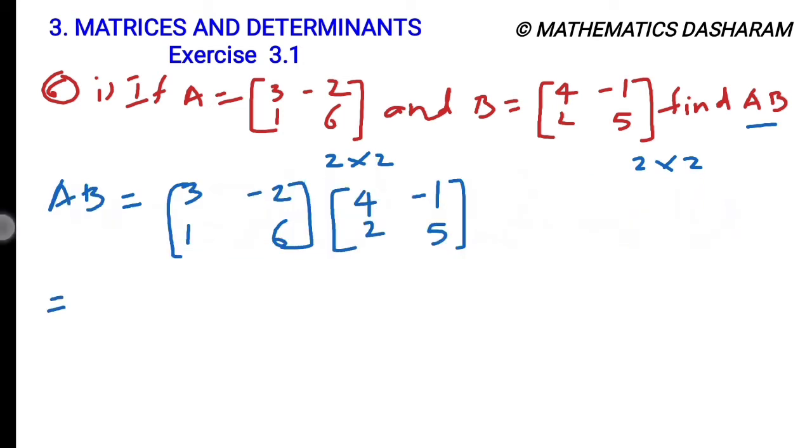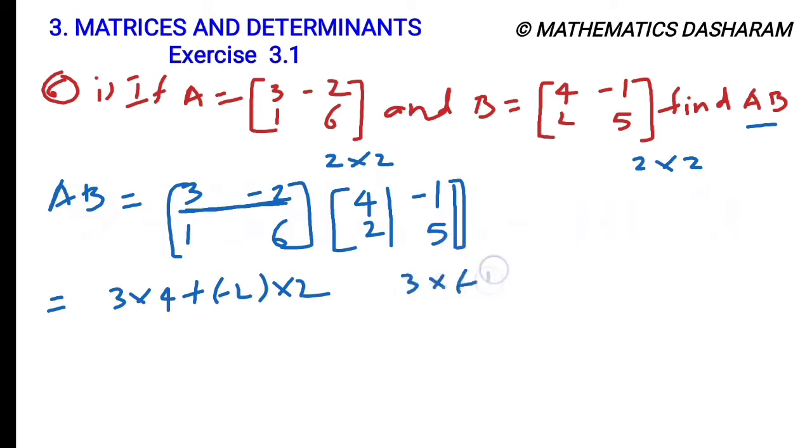Let's see. Here the first row multiplies with the first column in the second matrix. So 3 into 4 plus minus 2 into 2. Next, same first row but multiply with the second column: 3 into minus 1 plus minus 2 into 5.